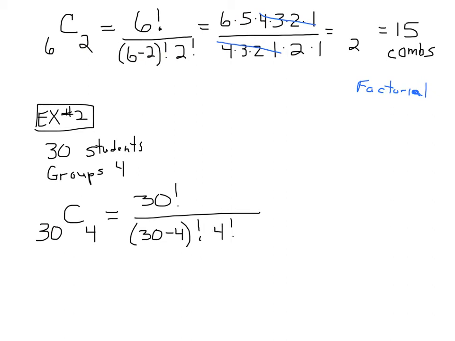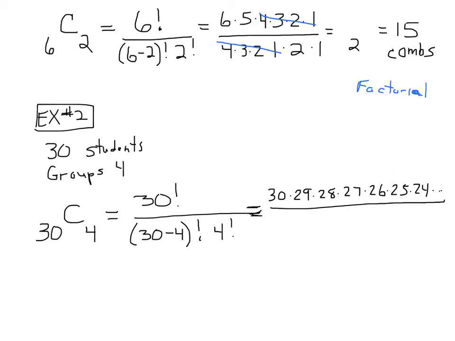Factorial means you just multiply, just counting down. So from 30, that's a lot, so you're going to see a little shortcut here. 30 times 29 times 28 times 27 times 26 times 25 times 24, and that's going to keep on going all the way down to 1. All right, I ran out of room.